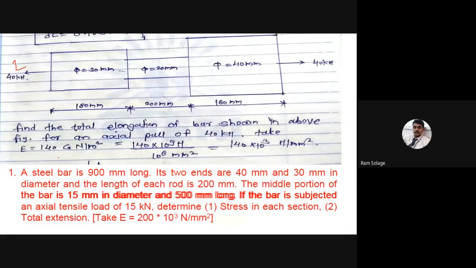Section 1, diameter is 30 mm. Section 2, 20 mm. And section number 3, diameter is given 40 mm. And lengths are given, L1, L2, L3, that is 180 mm. First of all, write down the problem in your notebook.